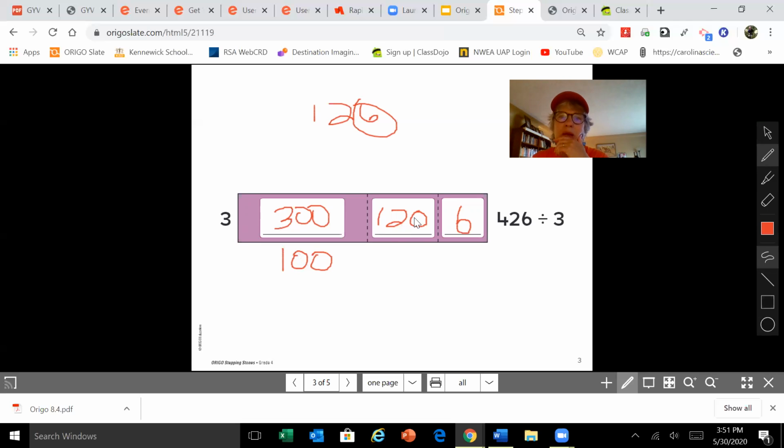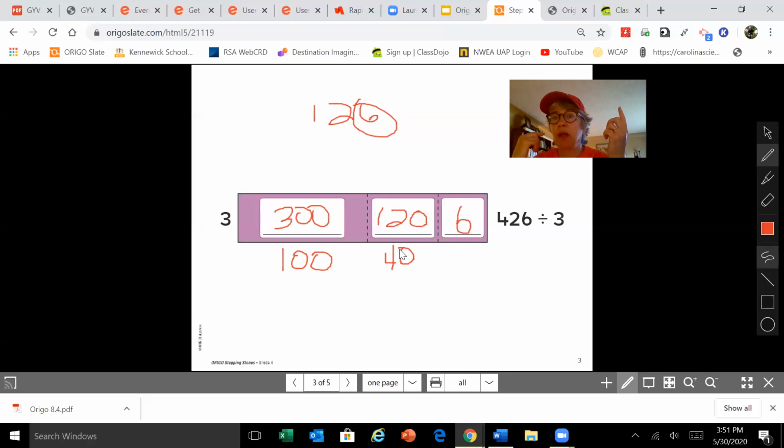Well, this one might be a little bit trickier for some of us. We might be thinking, I'm not sure 3 times what equals 120, but let me use what I know. I know that 3 times 4 equals 12. Therefore, 3 times 40 is going to equal 120.